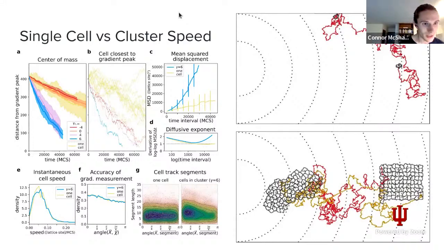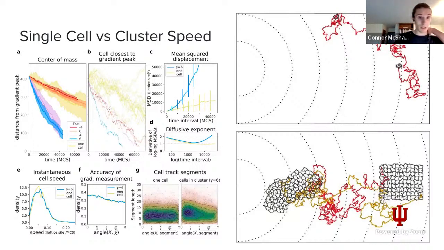And what we end up seeing is that one cell is that plot there in yellow. And then as the adhesion starts increasing, the center of mass relative to the focal point of that chemical field is able to traverse that distance quicker when they're in a multicellular conglomerate. And most of the rest of these plots are getting into that in more detail.